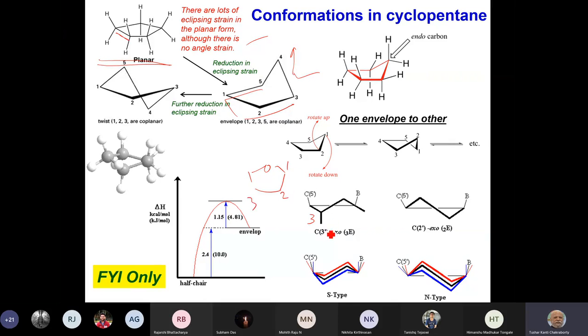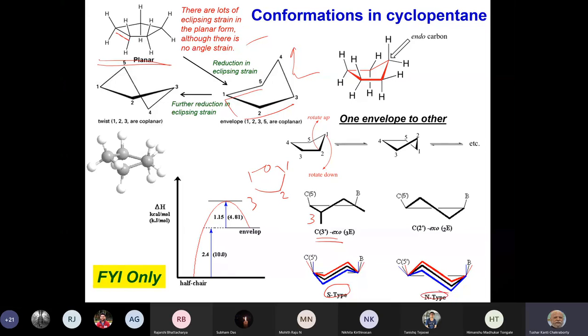If it is down here, we call it C3 prime exo, and if it is up, it is called C3 prime endo. Sometimes it is called S type conformation. I try to remember it as south: in a map, the top part is north and the bottom part is south. And if it is endo, it is sometimes called N type.